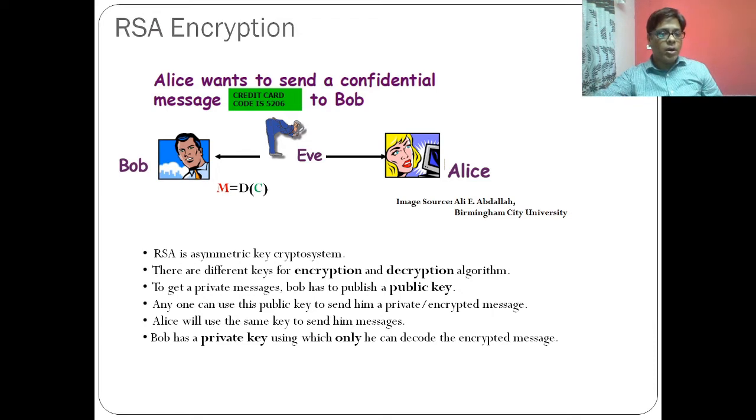Now Bob, on receiving the ciphertext, will use his private key, which is assumed to be known by him only, using which he will decrypt the encoded message C and will get the message M. Eve can only see the encrypted message C, and it is assumed that he cannot decode this without having this private key. Thus, the secrecy of the message is maintained.